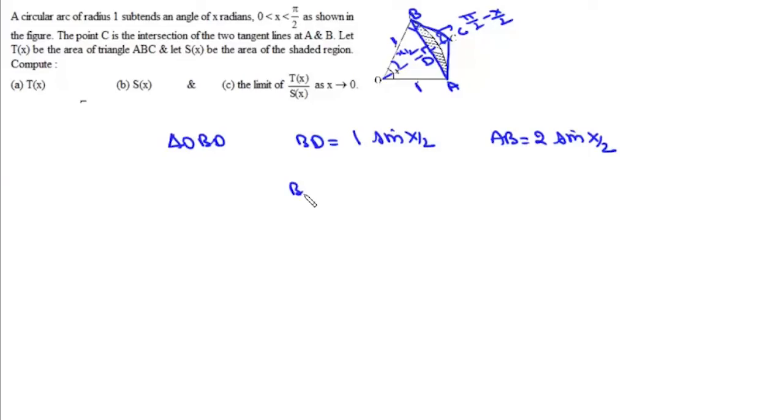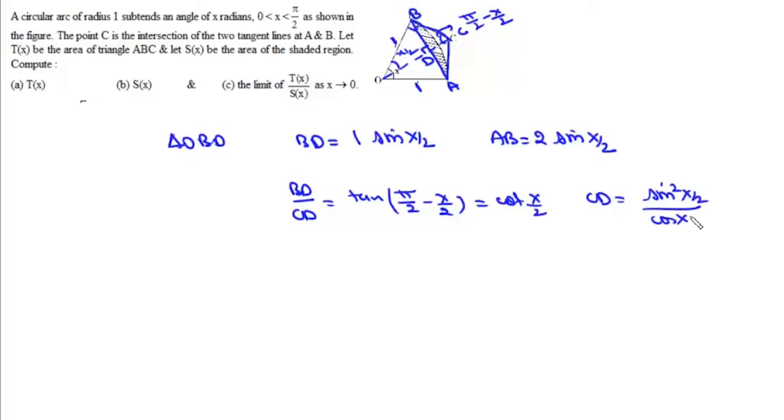So once we have BD, we can find CD. So we can write BD upon CD will be equal to tan of pi by 2 minus x by 2, which is cot x by 2. So we can write CD as sine square x by 2 upon cos x by 2. Now once we have AB and CD, we can write this Tx, which is the area of triangle ABC.